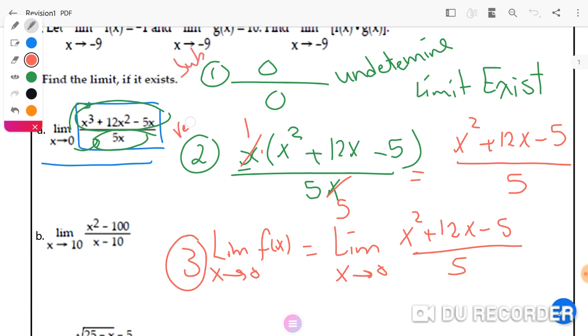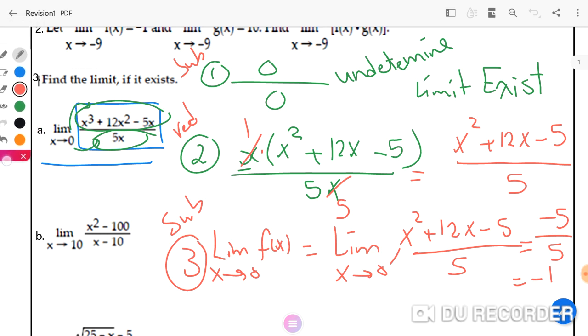The second step, redefine. Maybe I use any one of the two techniques which I showed you before. Third step, I have to substitute in the redefining function to find the limit of the given function. Here, if we replace by 0, it will be 0, 0 minus 5 over 5, so the result will be negative 1. That is the answer of question part A, okay, in question 3.